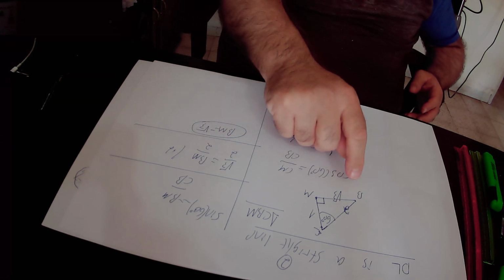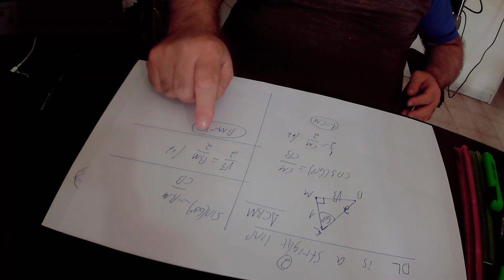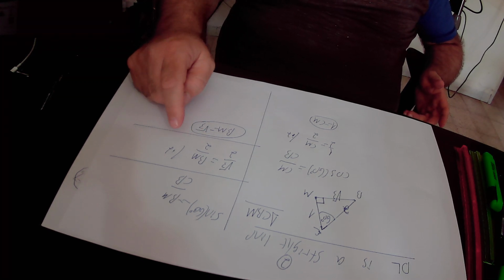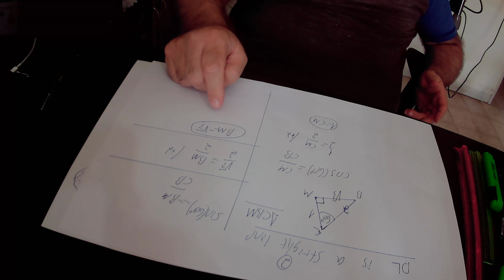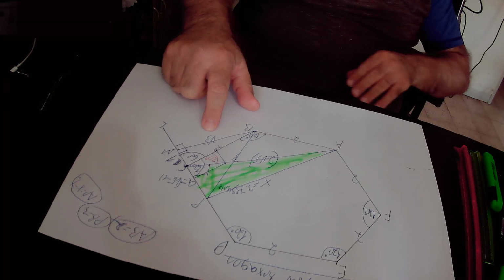BM is the missing line segment, so we leave it as it is, over CB. CB is 2, so we substitute CB by 2. In conclusion, square root of 3 over 2 equals BM over 2. Here we multiply this equation by 2, and we find that BM equals the square root of 3 units. We can write down here that BM equals the square root of 3 units.